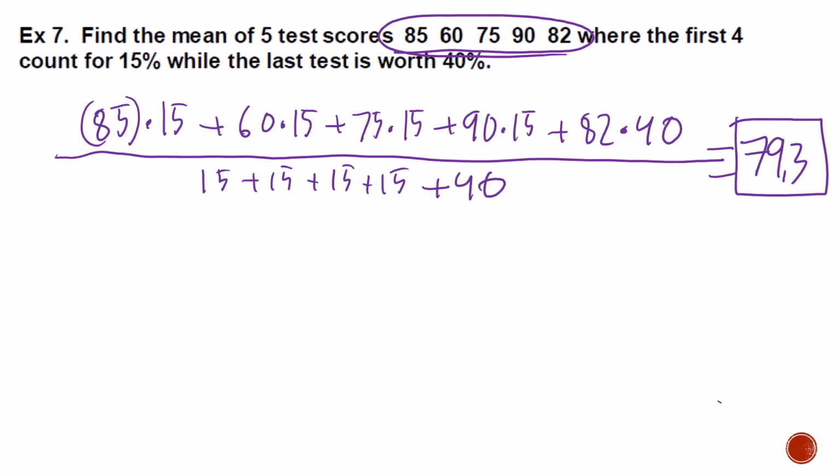So perhaps you would say 15%, that's really a decimal of 0.15. As long as you change them consistently, it will still give you the right answer. If you divide all the weights by 100, the sum would also be divided by 100, so the two effects cancel each other out. So you can scale it either way, it doesn't matter.